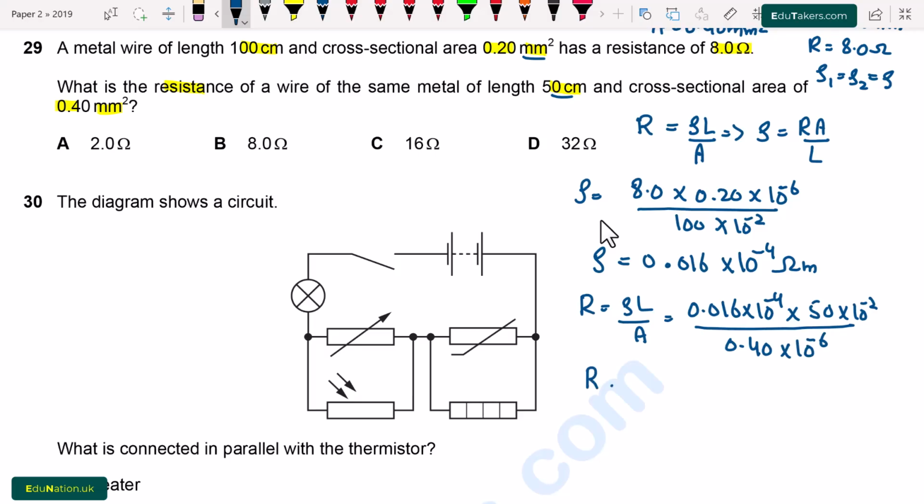So the value of resistance will be equal to 2.0 ohm. So this is the value of the resistance for the second wire. From here, option A is correct.